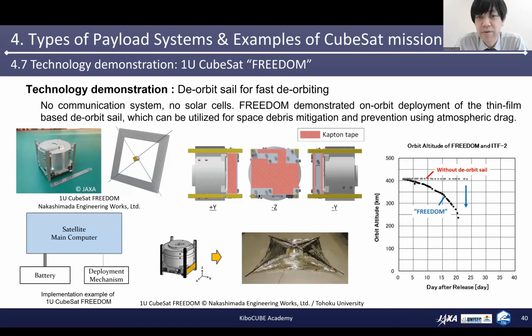This CubeSat had no communication system or solar cells. Freedom demonstrated on-orbit deployment of the thin film-based deorbiting state, which can be utilized for space debris mitigation and prevention using atmospheric drag.